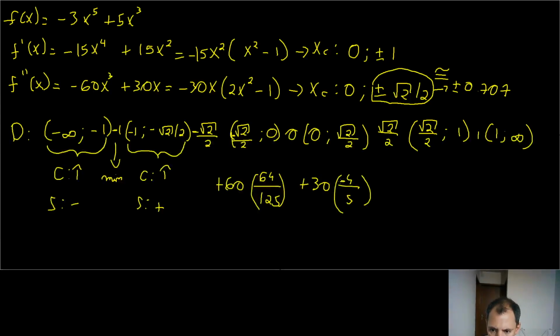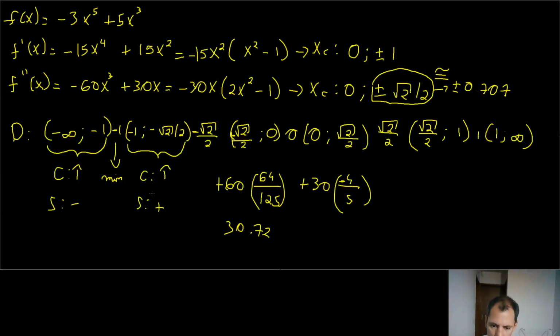Let's see what this comes up to. I'm going to use a calculator again. 60 times 64 divided by 125 is 30.72.